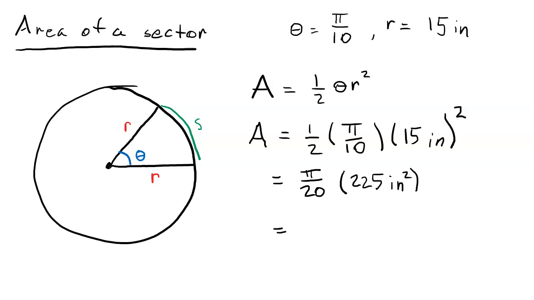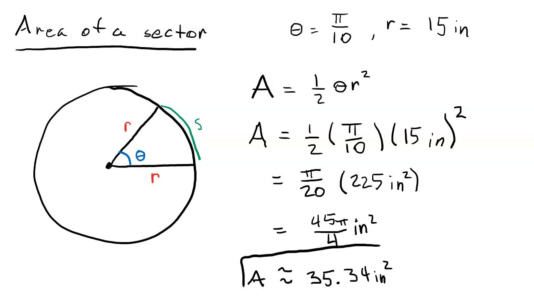So then our total answer is going to be 45 pi over 4 inches squared. If you want to approximate that by putting it into your calculator, you'd get somewhere around 35.34 inches squared. And this is what it looks like to actually solve for an area of a sector.